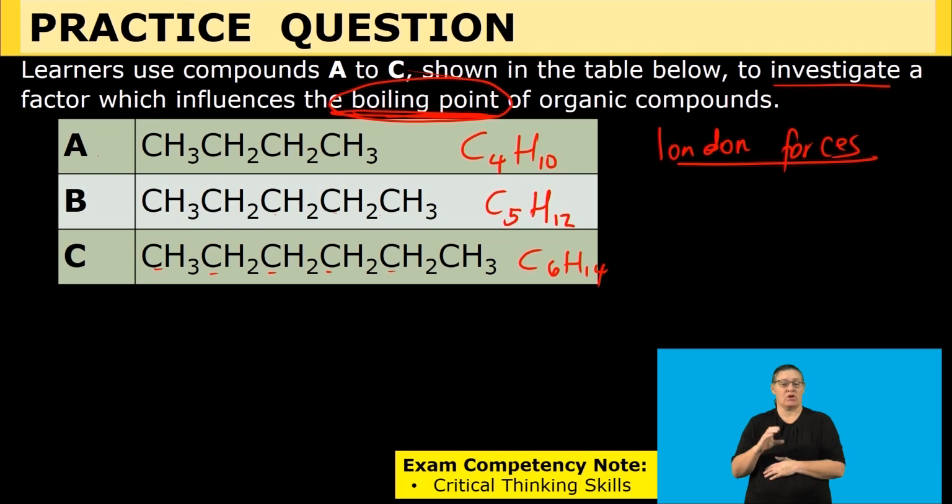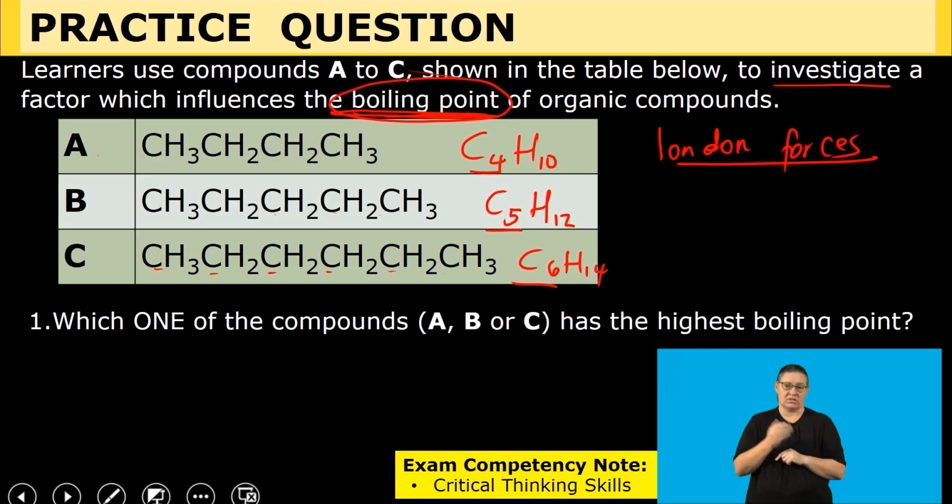So the strength of the London force is going to increase as you're going from one substance to the other within the same homologous series. So in this case, from butane, pentane, and hexane, as you're going down that route, the strength of the intermolecular force is going to increase. So the question is, which one of the compounds A, B, or C has the highest boiling point?